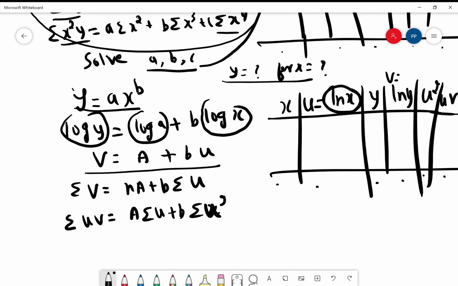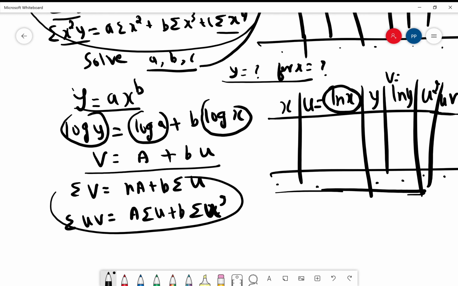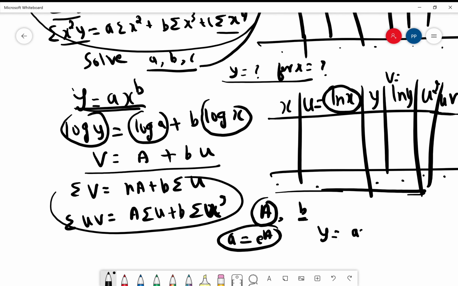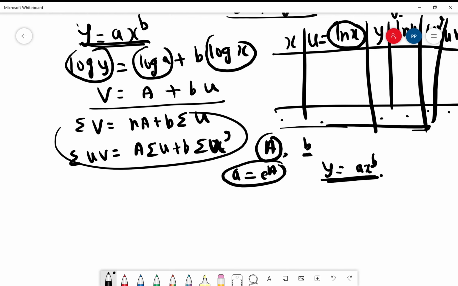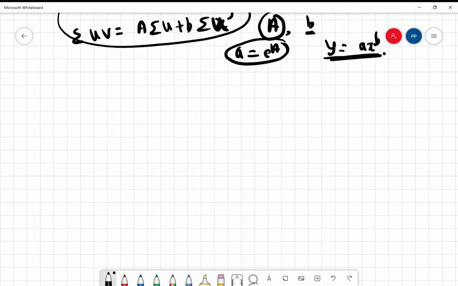Now substitute in this normal equation the respective summations which you are getting from here, and then solve this equation to get capital A and small b. And once you have got this, find small a using this expression e power a. Then substitute in this equation to get the curve y equals a into x to the power of b. This is how we fit these three curves.